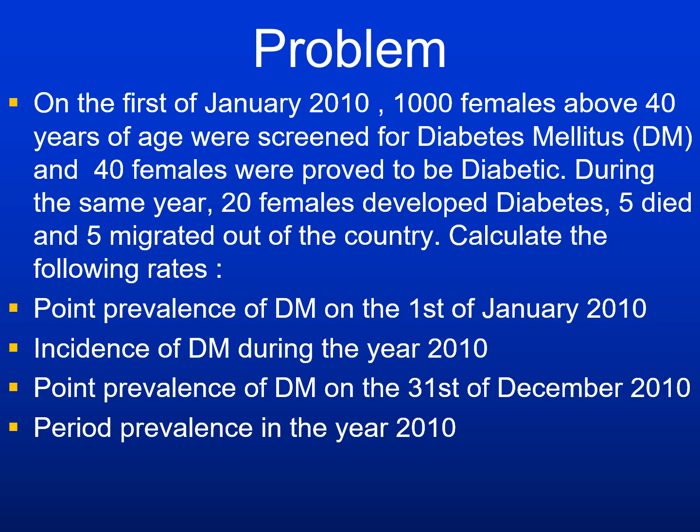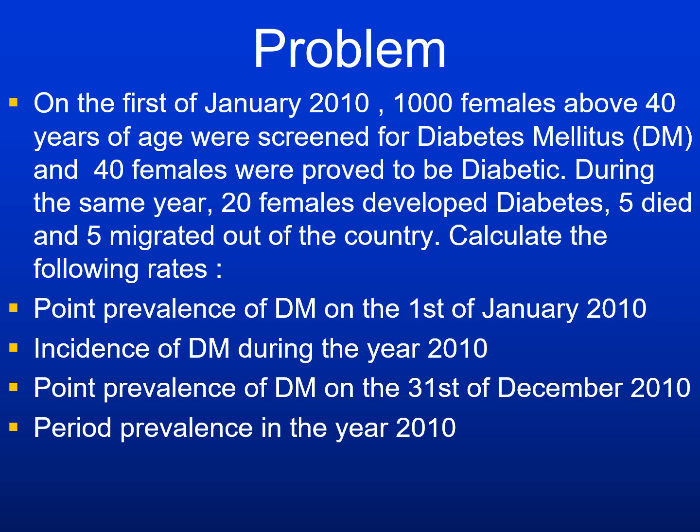The point prevalence of diabetes on the 31st of December is the number of cases, new and old, that I will find on the 31st of December. On the 31st of December, I will find the 40, subtracting from it the 5 who died and the 5 who migrated.